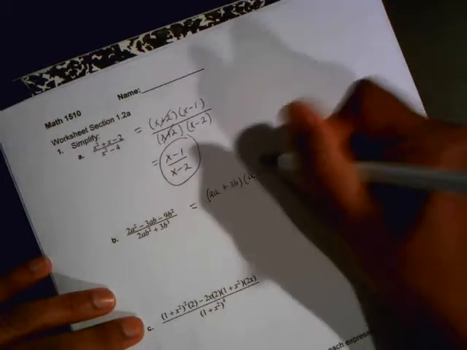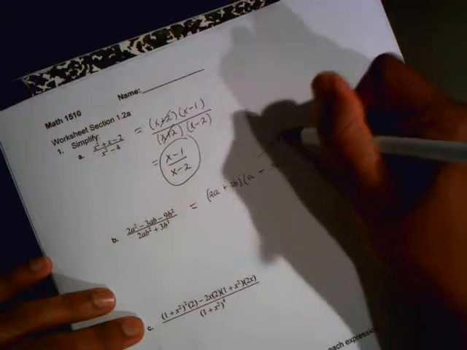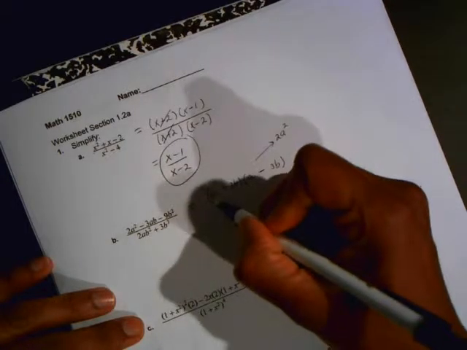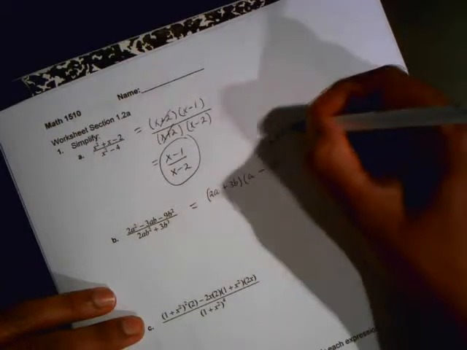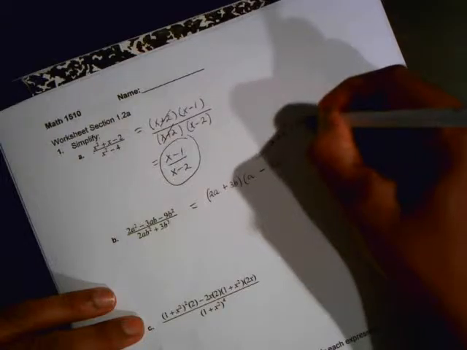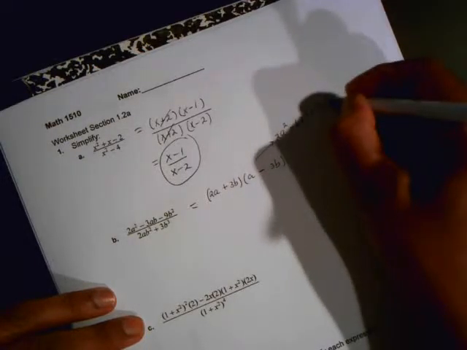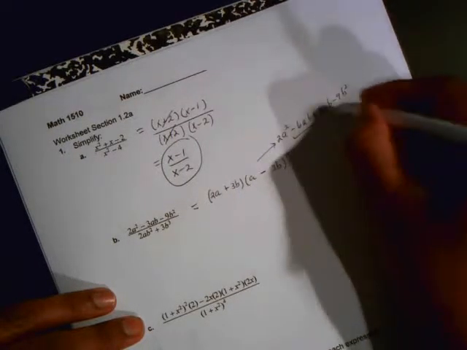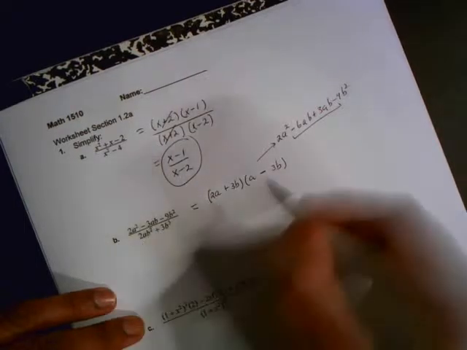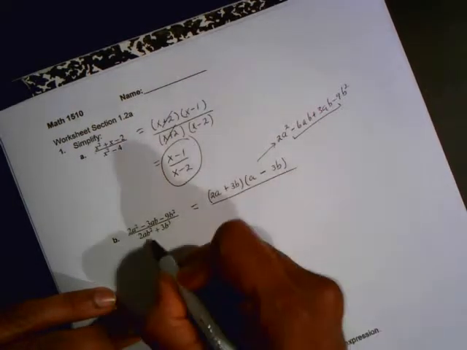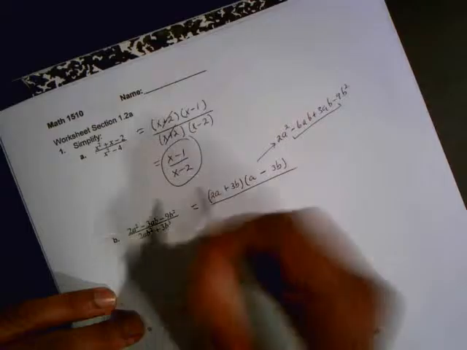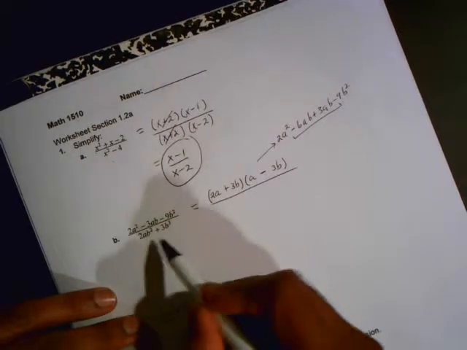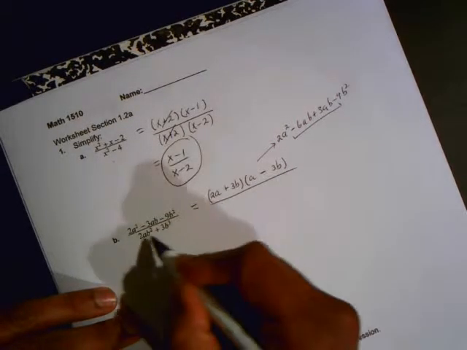You should always go and FOIL that out and double check. If you can't do it in your head, it's okay. Just go off and do it on paper. So that's 2a squared minus 6ab plus 3ab minus 9b squared, and these two do combine to give you that middle term. On the bottom, these are just 2 terms, and it's not in this format, so we're going to just pull out a GCF between these 2 terms.